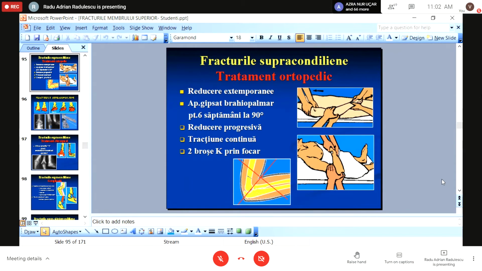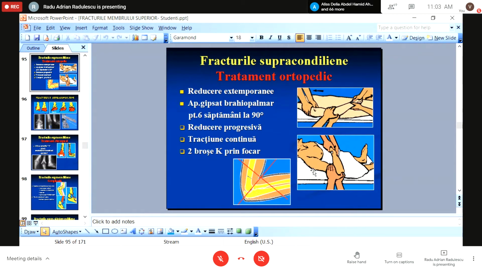But for reduction, we'll put this elbow in hyperflexion, because in this position the triceps muscle will be stretched and will act like a natural splint that will align the fracture fragments.